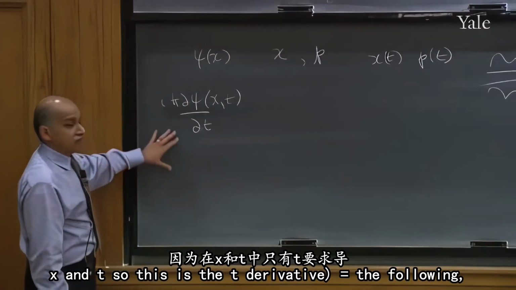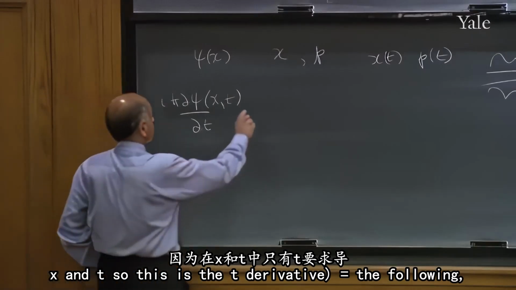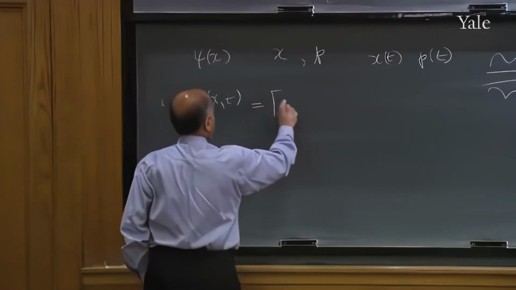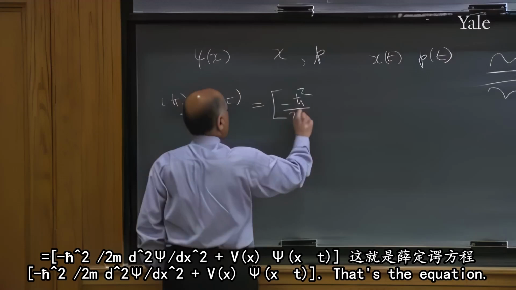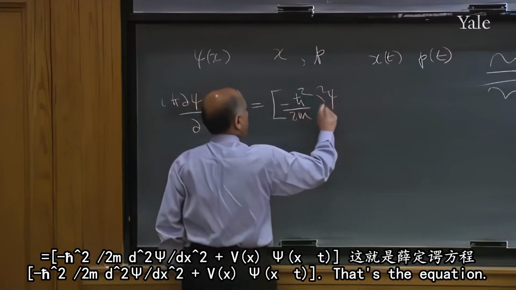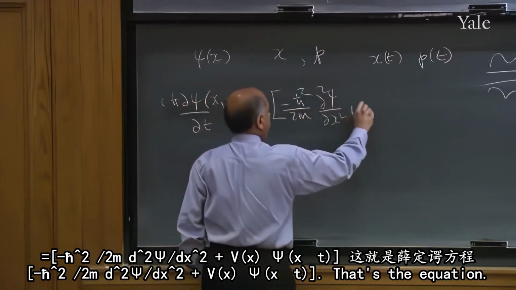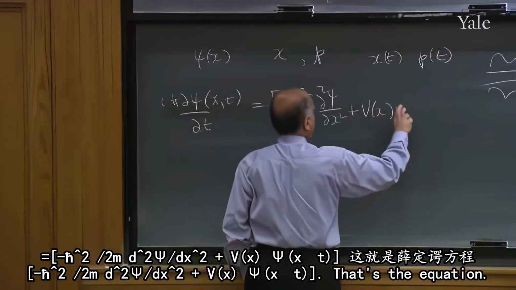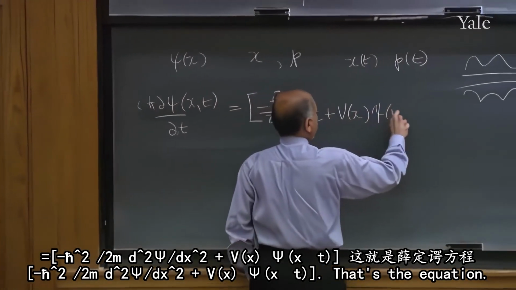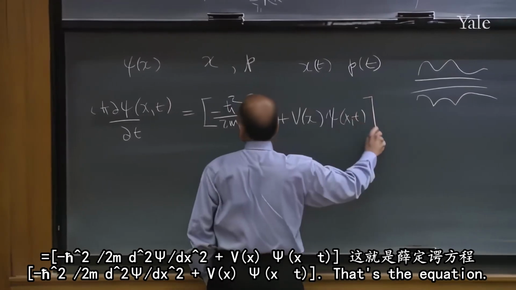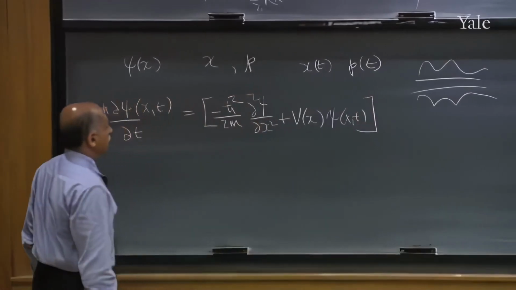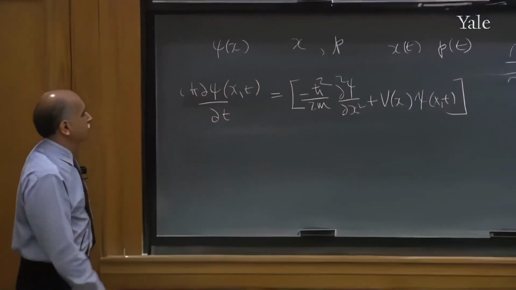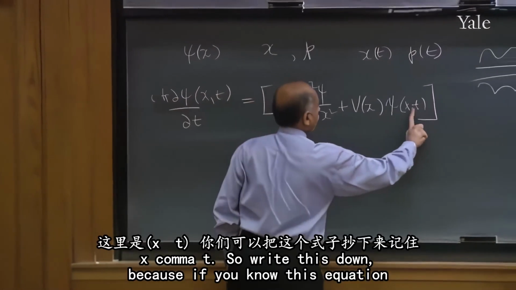So this is the t derivative, is equal to the following: minus h bar squared over 2m d2 psi over dx squared plus V of x psi of x and t. That's the equation, with psi a function of x comma t.